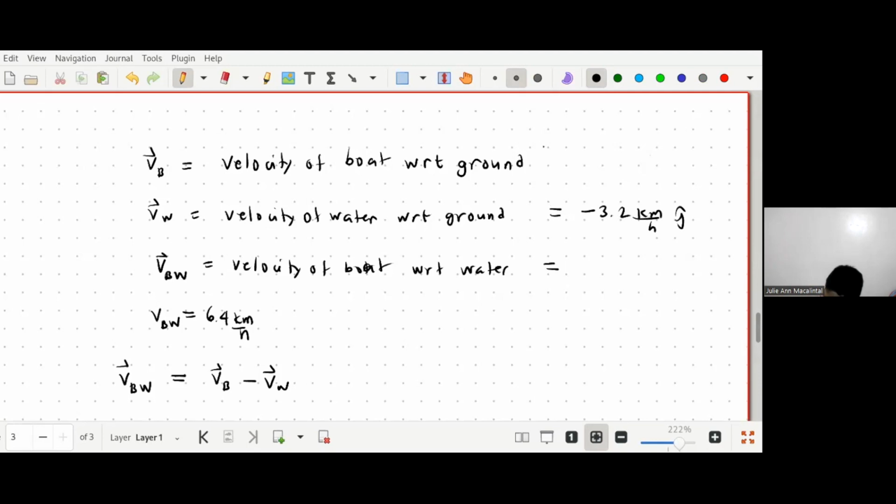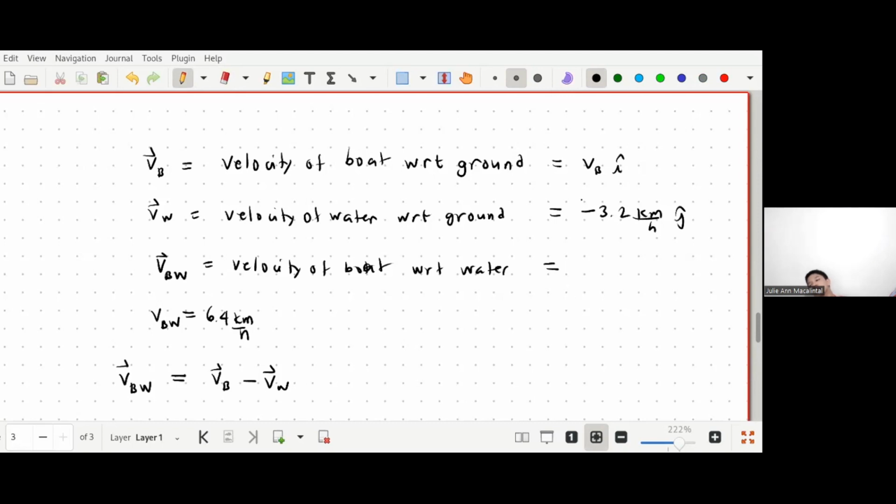The velocity of the boat with respect to the ground is something we don't know. With respect to the ground, we only know it's just going to be V sub B I hat, because it's directly east, directly across the water.